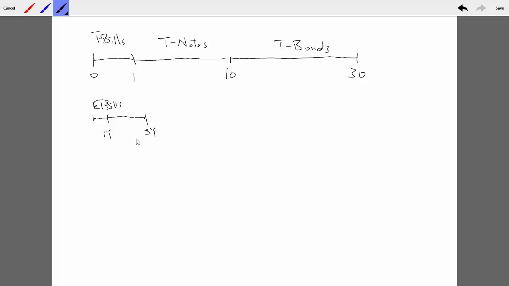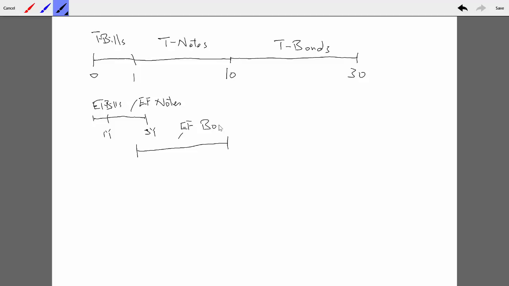Now the problem is, between 1 and 3 years, these are exchange fund notes. The problem before was between 2 years and 10 years, they also had exchange fund bonds.